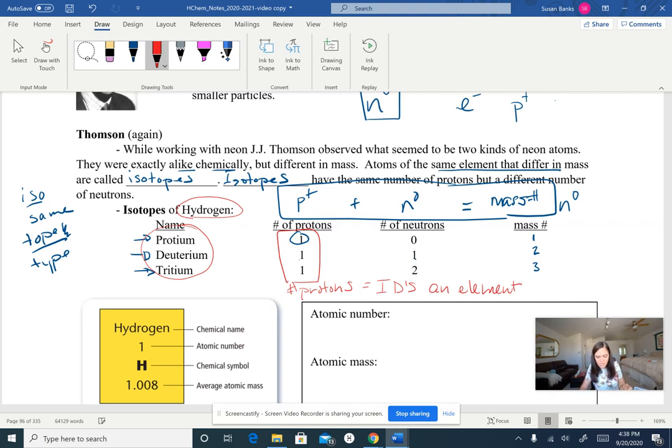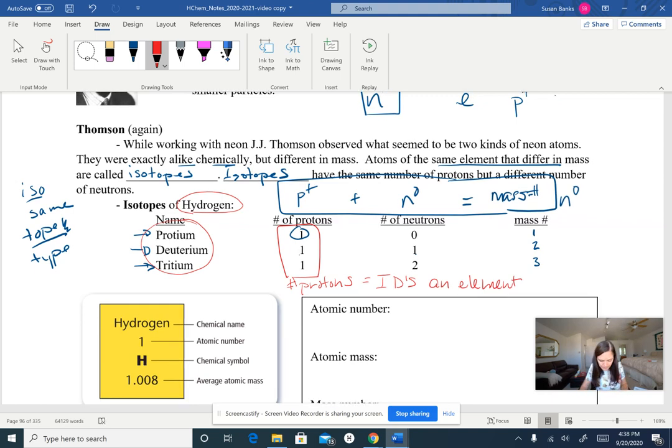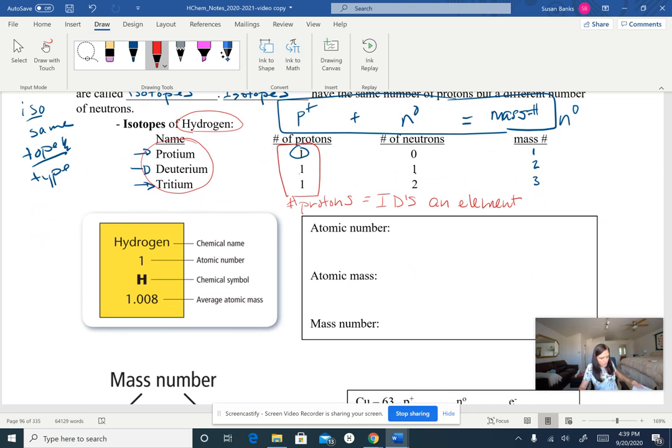So protons ID an element. Okay, so here we go. Atomic number. Atomic number is the number of protons. So when we look on the periodic table and we see an atomic number, that also gives us the number of protons in that element.